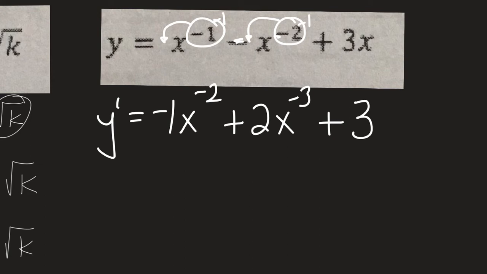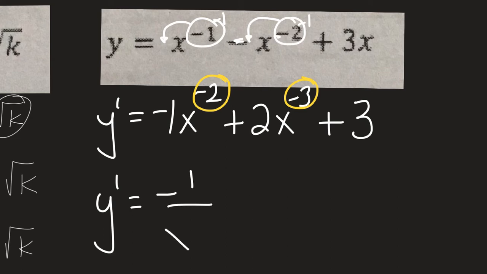So once again, I'm going to deal with these negative powers by putting them in the denominators. Okay, so I'm going to move everything down. Negative 1 stays in the numerator, x squared, plus 2 stays in the numerator, x cubed, plus 3.